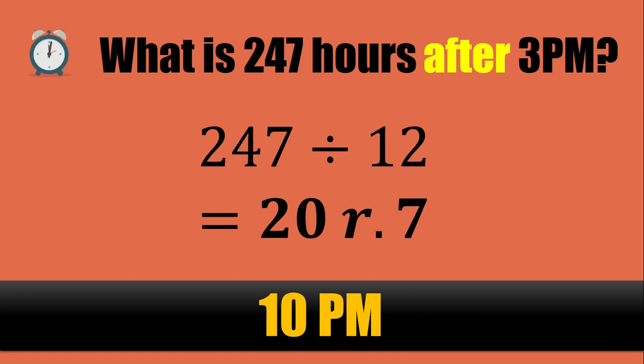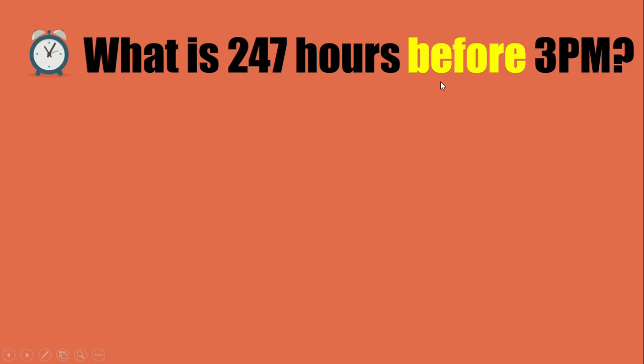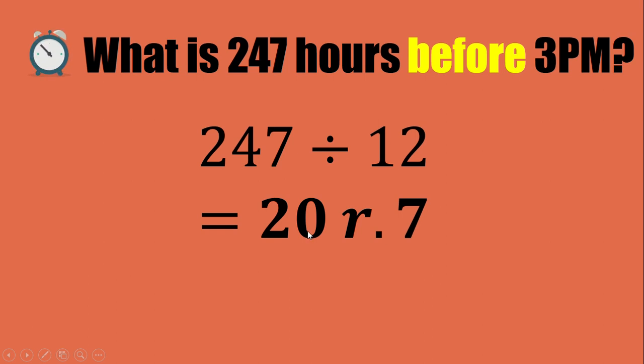How about if, instead of the word after, we replace it with the word before? What is 247 hours before 3 p.m.? The quotient and the remainder are the same. Since 20 is still even, your reference time here is 3 p.m. But since you have the word before, you need to subtract that 7 hours.